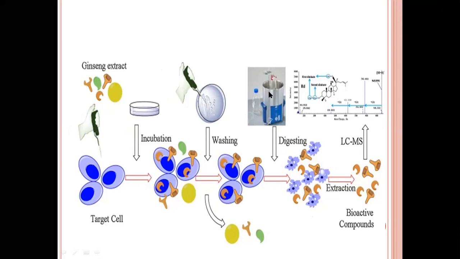Then after centrifugation and sonication, they are digested and separated from the cells. These are the real active components, and they are extracted and analyzed using LCMS.